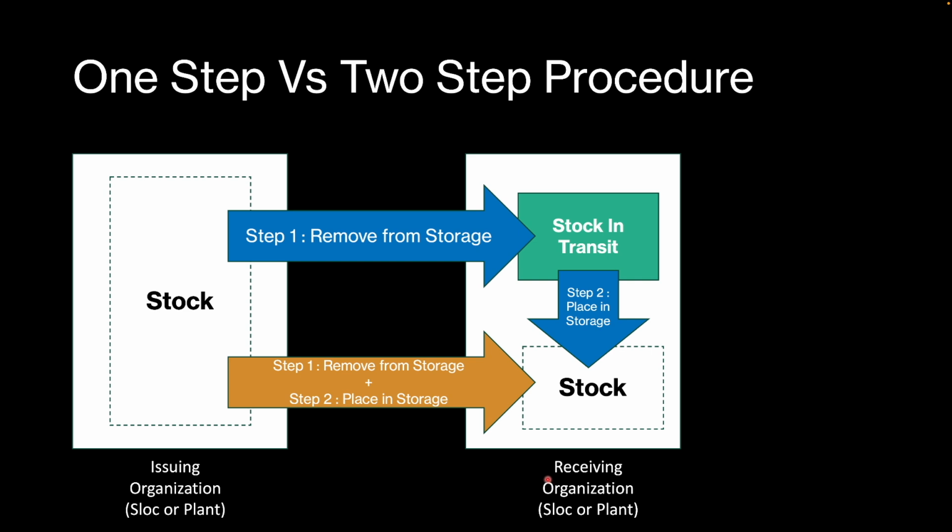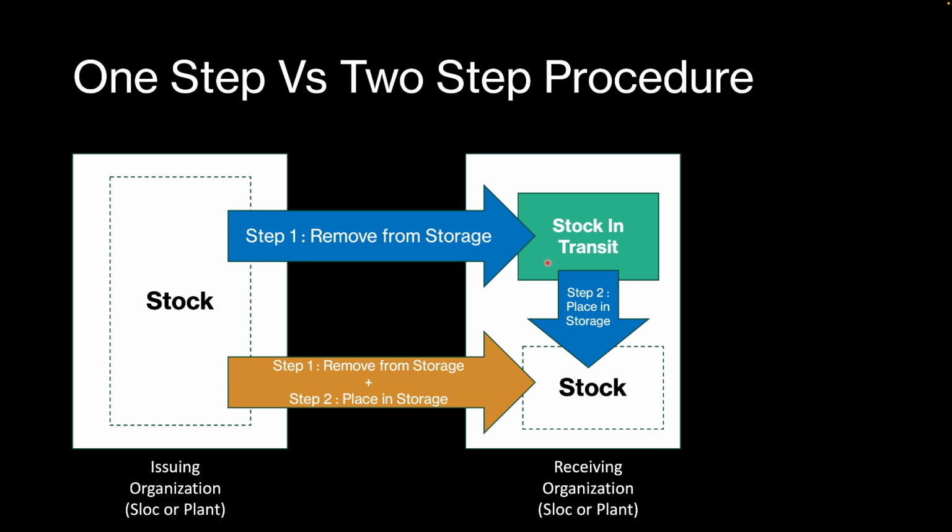Now, in case of two-step process, in the first step, you will remove the stock from the issuing organization. That is, you will remove the stock from either the issuing storage location or the issuing plant. And once you issue this material, the material will be kept in transit. You can see here, once you remove from storage, the material will be kept in stock in transit.